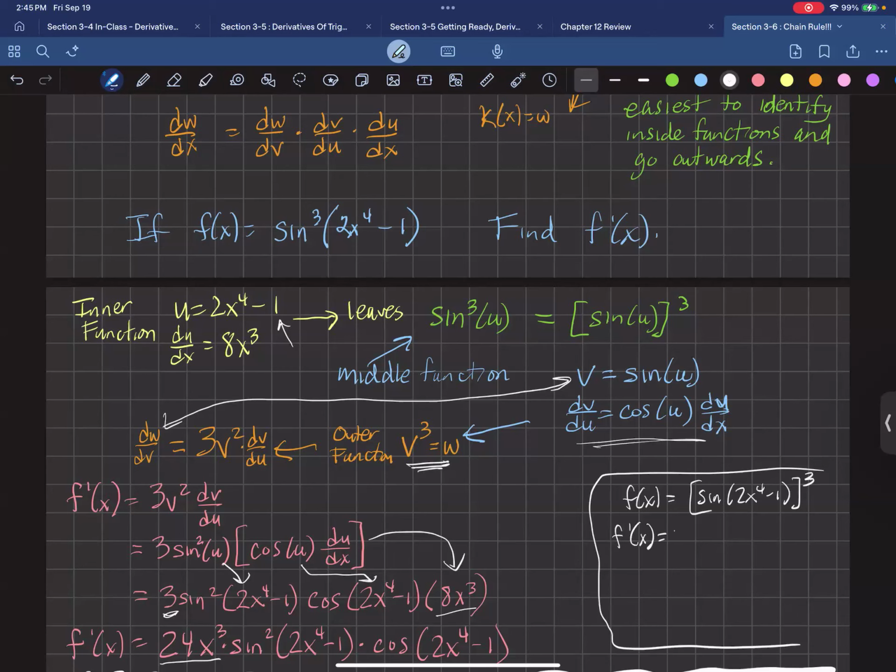I bring the 3 down, lower the power by 1, and that gets me that. And then I do times the derivative of the inside. The derivative of the inside of this would be times cosine of 2x to the fourth minus 1.